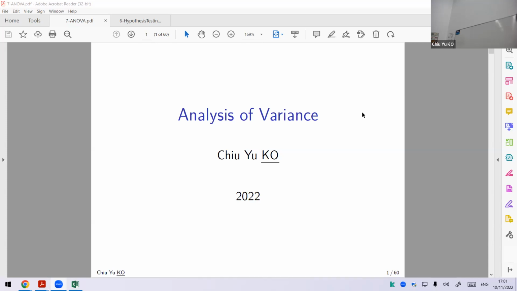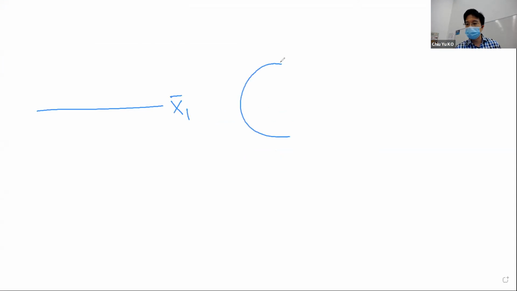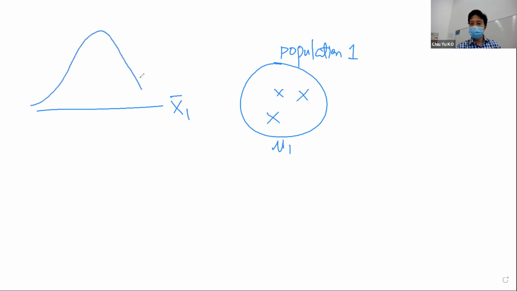So here we will assume, again, that what we have is a bell curve. Just look at the whiteboard here. What we have in the t-test is the following. We have one group, X1 bar, from population 1, where you have a bunch of people and your mu1, and it looks like this.